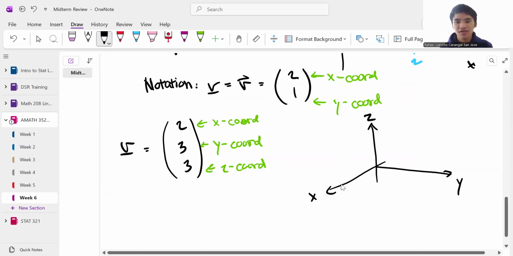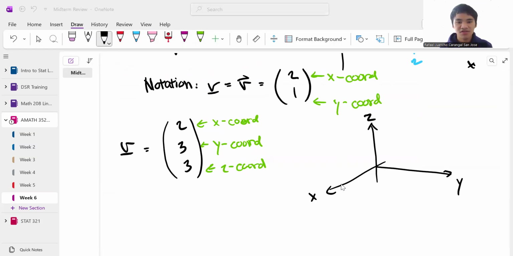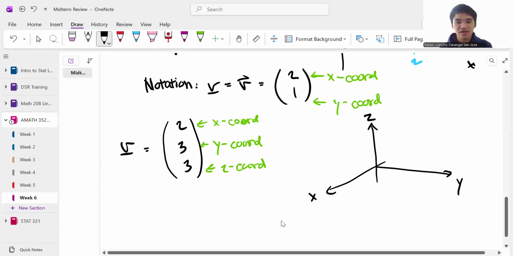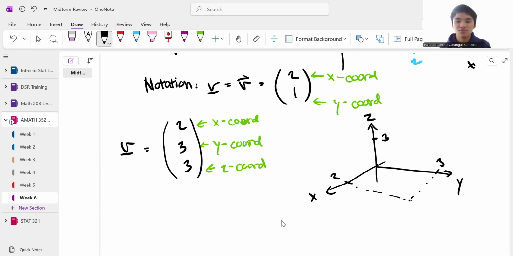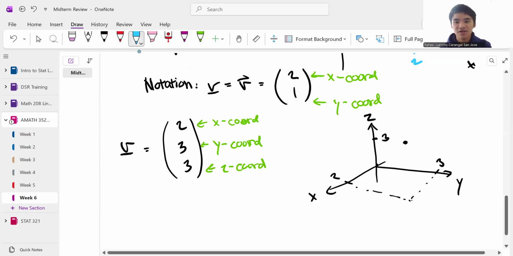So the way to gain access to this point is from the X coordinate, we move 2. And then, so let's say 2 is here. From the Y coordinate, we move 3. So let's say 3 is there. We come across this. And then from Z, we move 3 again. So maybe here is 3. So that should be around here. And we can make a vector out of that.